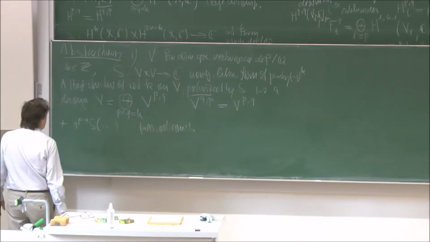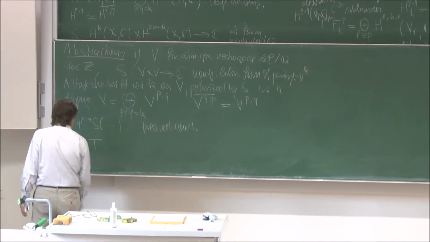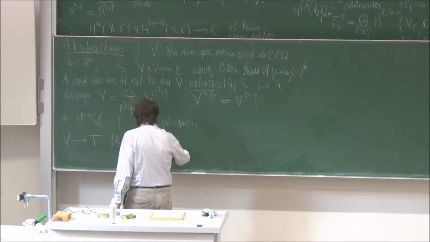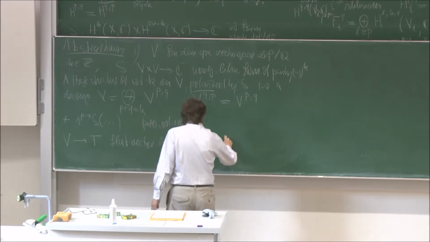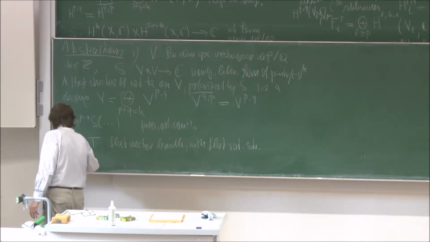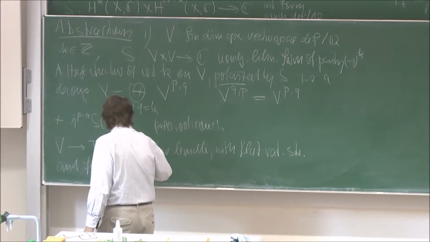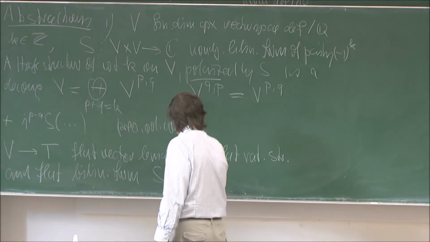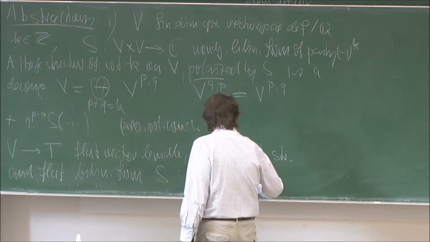And then suppose now we have, let's say, V over T, a flat vector bundle with flat rational structure and flat bilinear form S, then one gets the notion of a polarized variation of Hodge structure.